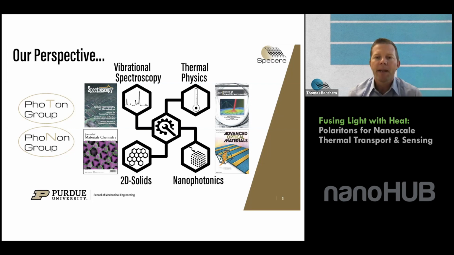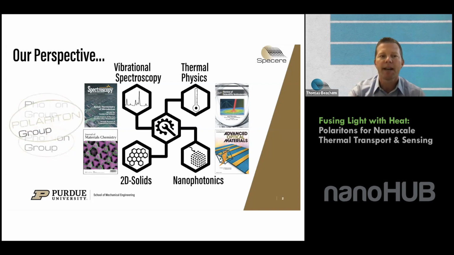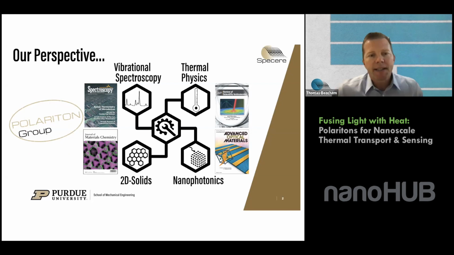In polar materials, those phonons can interact with infrared photons to create things called polaritons. We're going to spend most of our day speaking about polaritons, which are a hybrid between a photon, or light particle, and some material dipole. So I like to say that we're really a polariton group, and that's the way we're going to approach this problem.